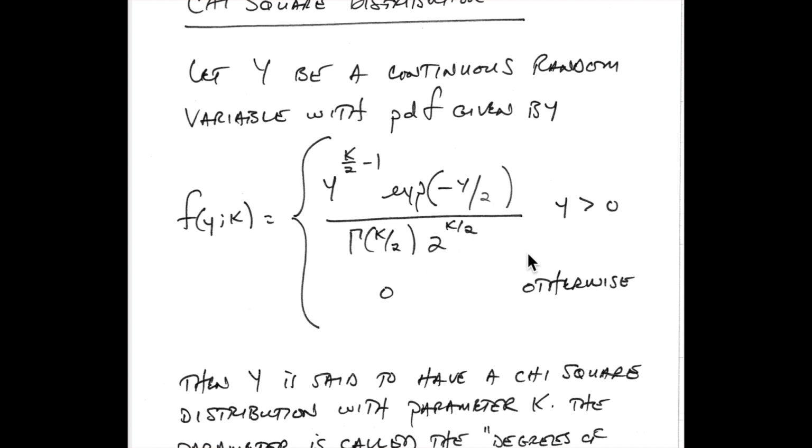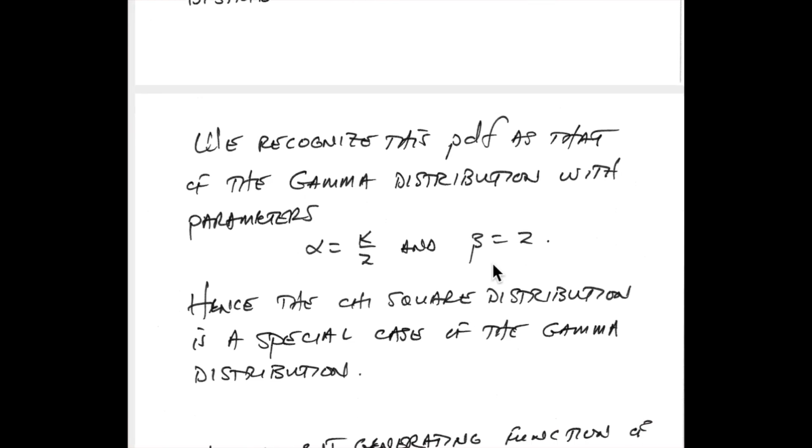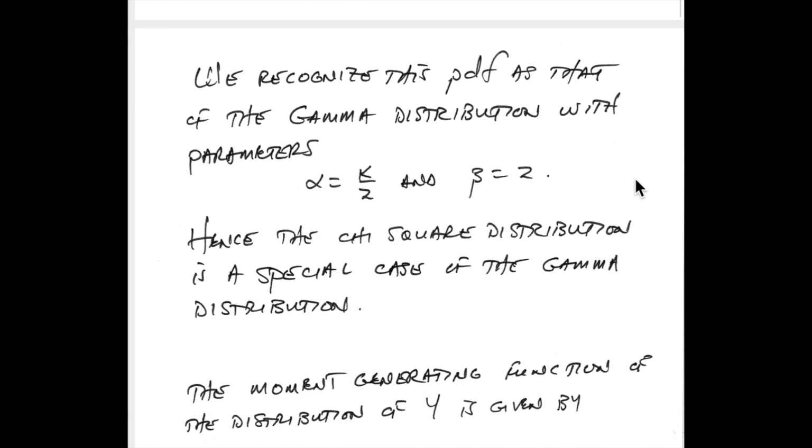So the chi-square distribution with k degrees of freedom is the same as a gamma distribution with parameters alpha equal to k over 2 and beta equal to 2. The chi-square distribution is a special case of the gamma distribution.